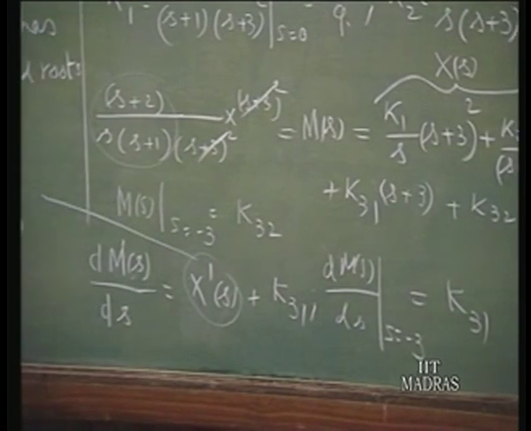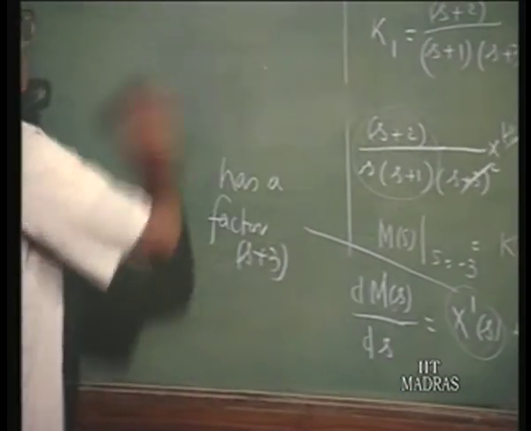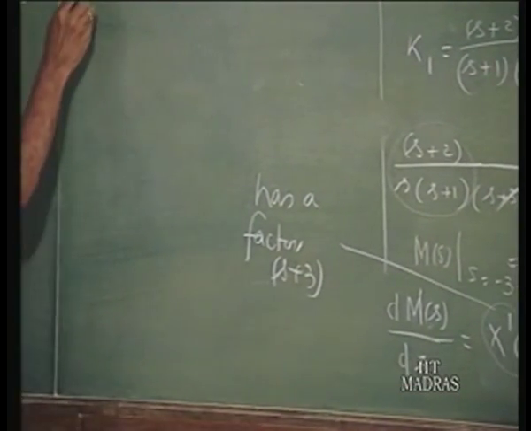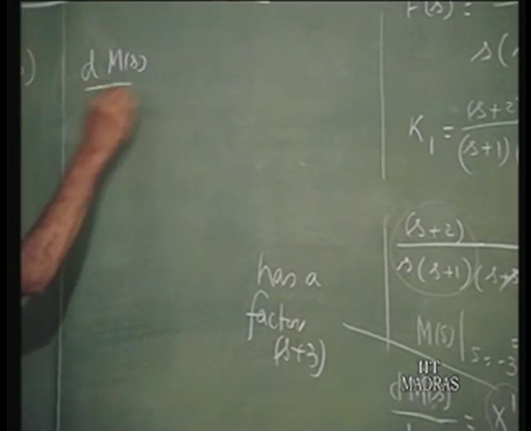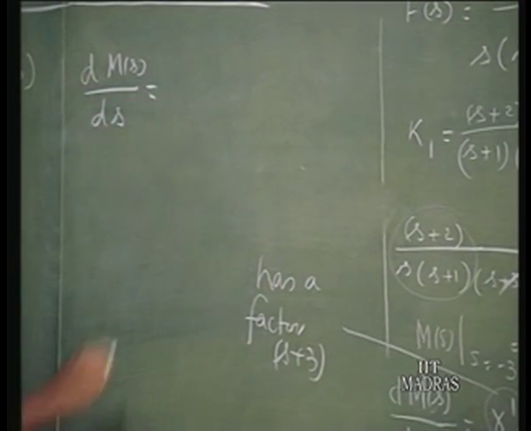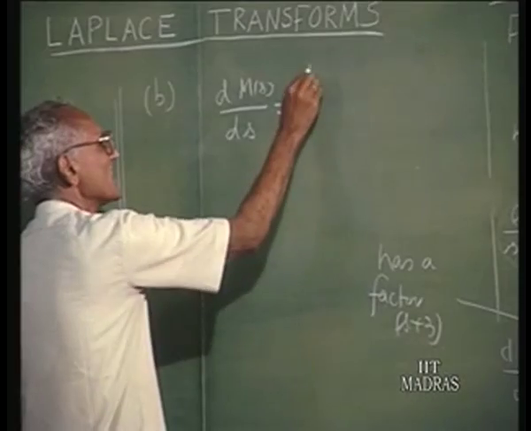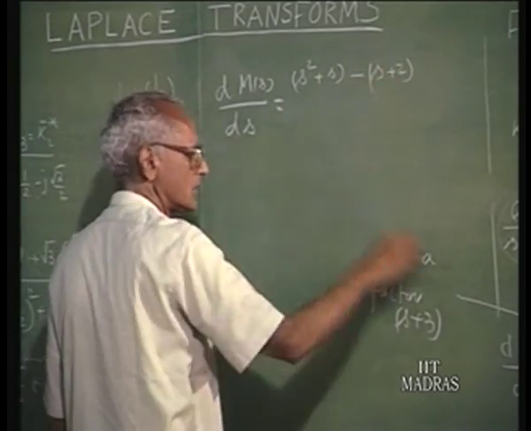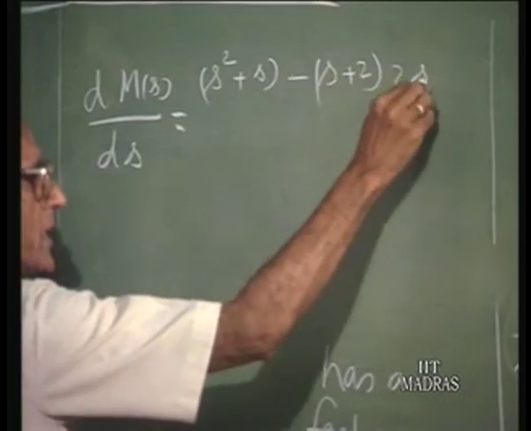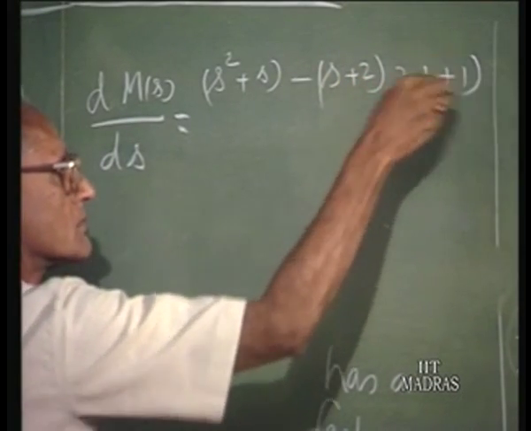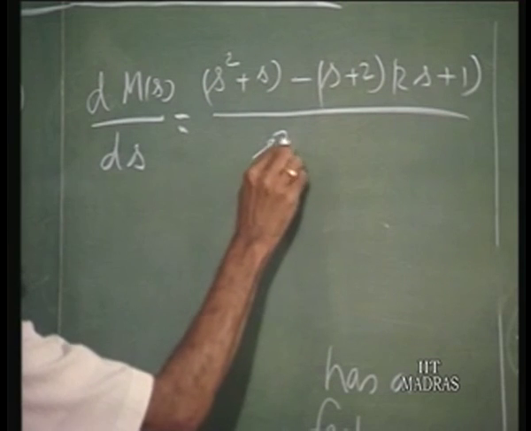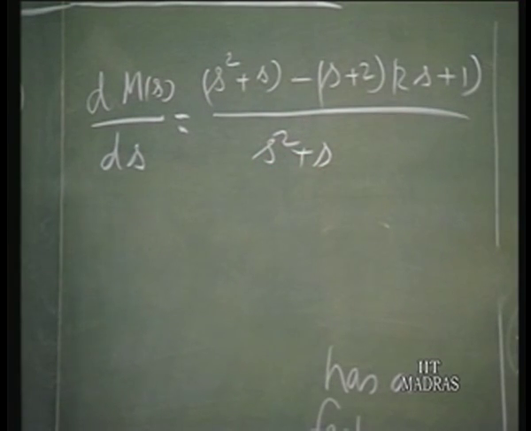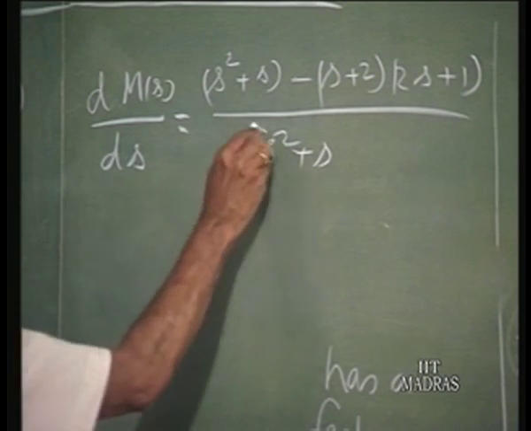So if you calculate that, you have the derivative of m of s with respect to s equals the derivative of this: (s squared plus s) times 1 minus s plus 2 times (s squared plus s), that is 2s plus 1, divided by (s squared plus s) whole squared, that is right.